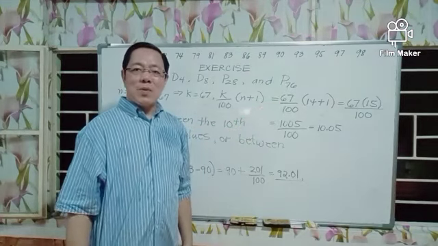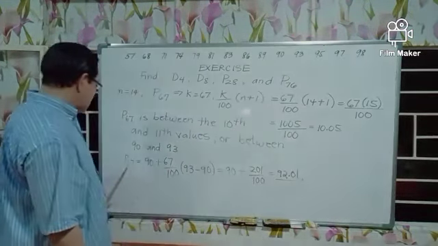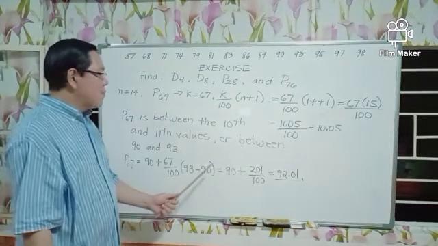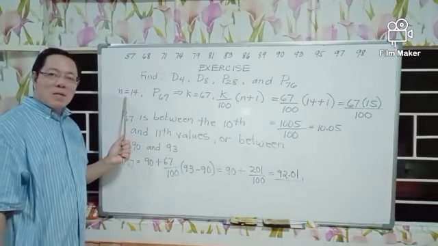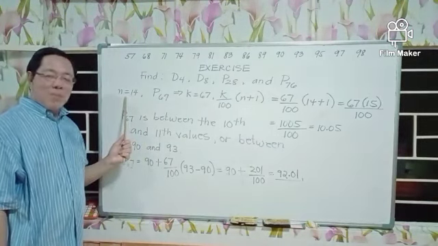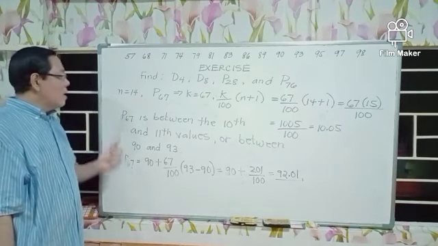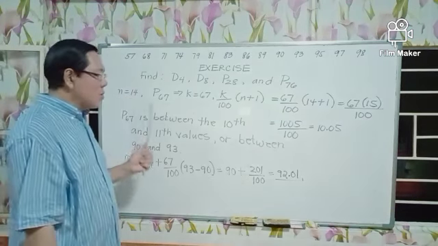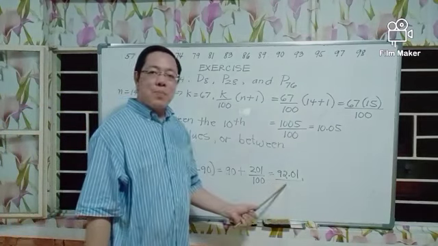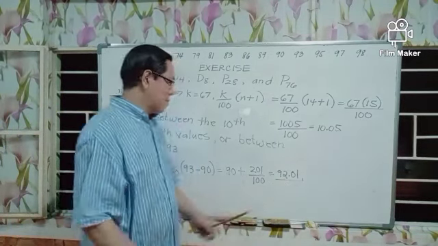But we still have to check. At most 67% of the 14 values should be less than 92.01.